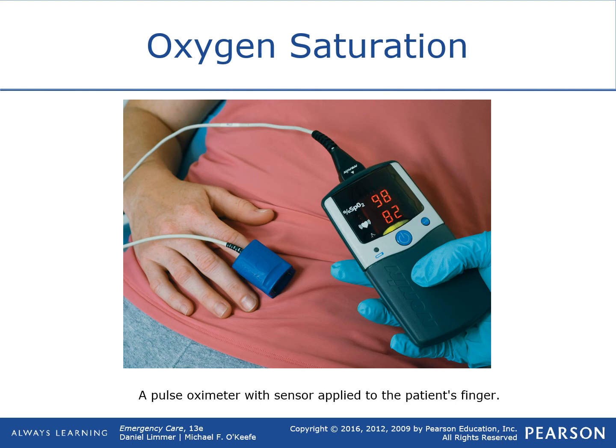You have to know those other two factors, which this does not tell you. It will give you a number. It does not give you the information you need to determine, is it regular? Is it irregular? Is it weak? Is it strong? So these are reasons why we have to put hands on our patients.